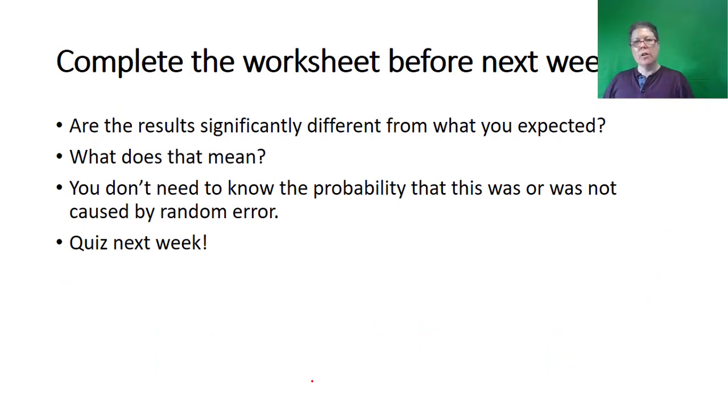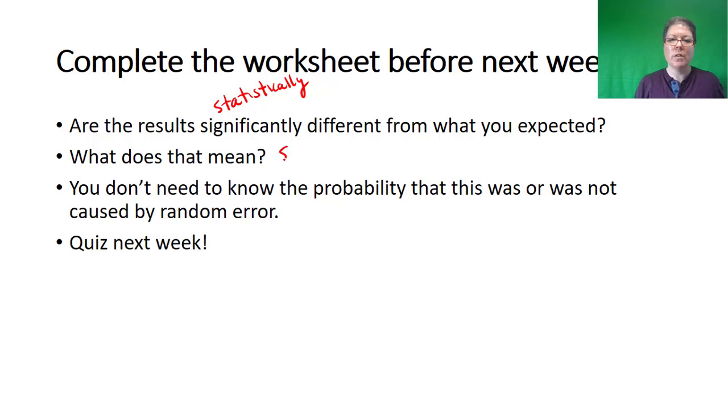All right, so this is what you're going to be doing. You're going to be looking at your corn kernels, determining if the results from your counting are statistically significantly different from what you expected. What that means is, does it fit your hypothesis?